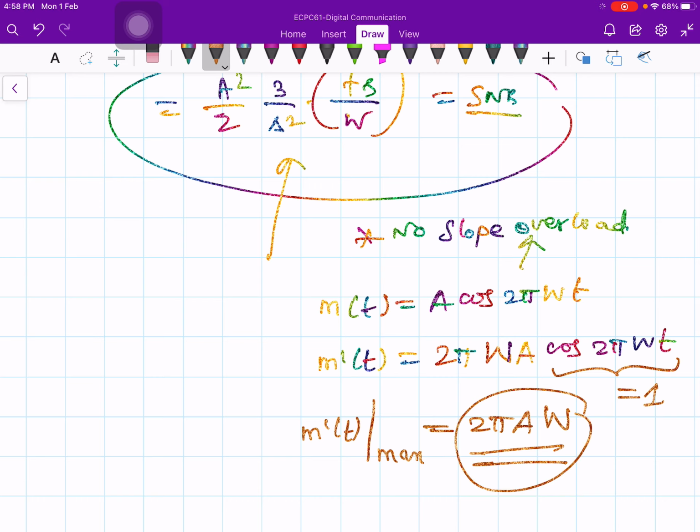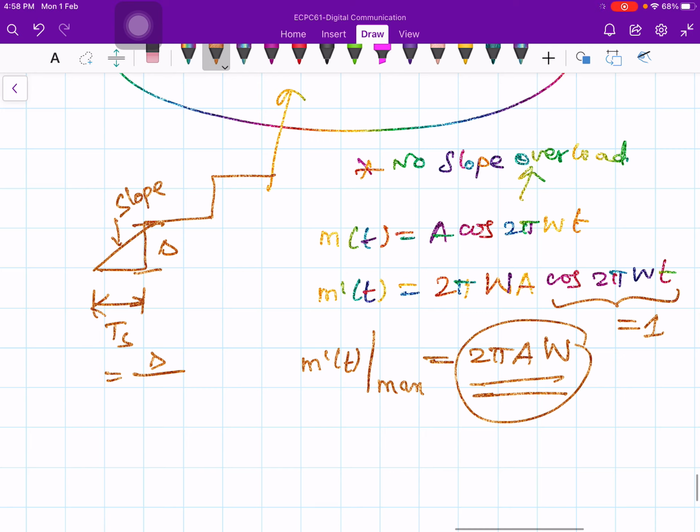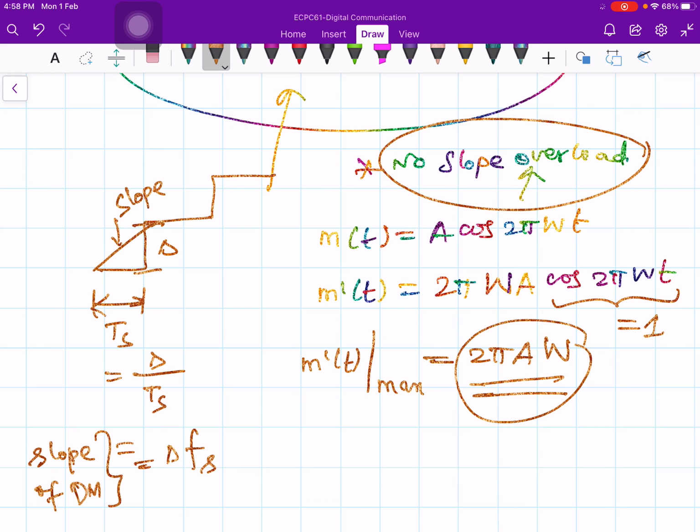And what is the maximum slope of your delta modulator? It keeps going like this, the step width is Ts and the height is delta, and this is my slope. The infinitesimal change on the y axis is delta, and on the x axis it is Ts. Therefore, the slope of the delta modulator is delta by Ts, that is delta times Fs. So when will slope overload distortion not occur?